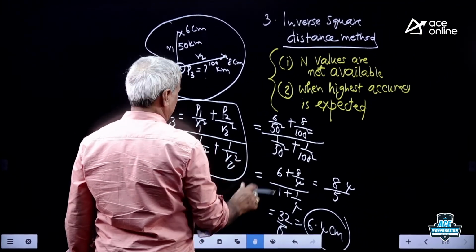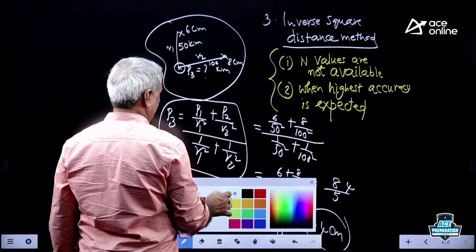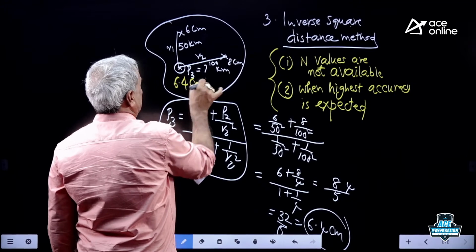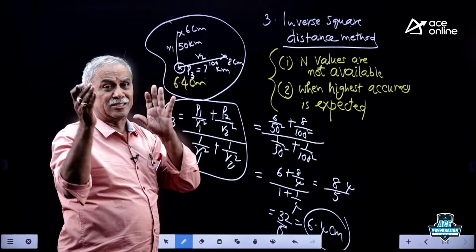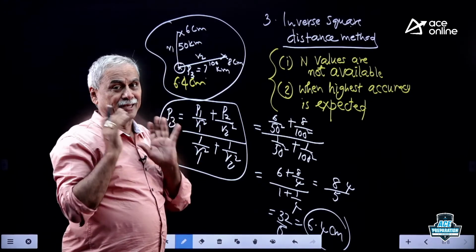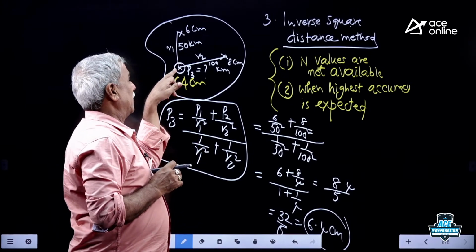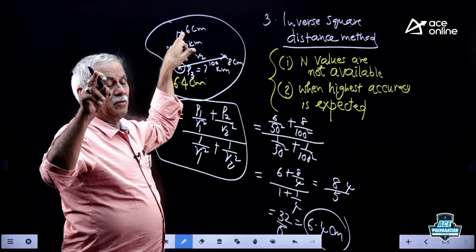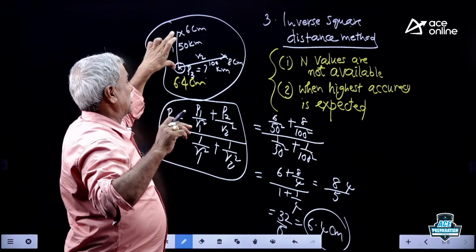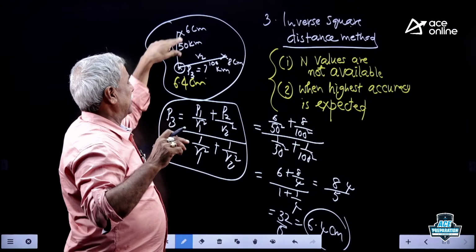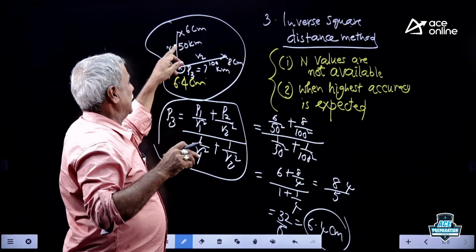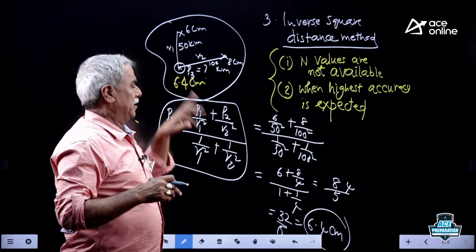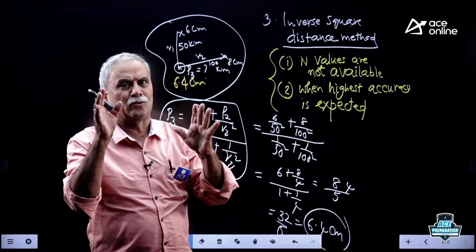Because it is a 50 kilometers distance, because it is nearer, the missing rainfall data will be closer to the rainfall value; whenever there is a closer distance, rainfalls are nearer. See 6 and 8, it is 50 kilometer, 100 kilometer, so it is closer to 6 centimeter. Answer for the problem is 6.4 centimeter.